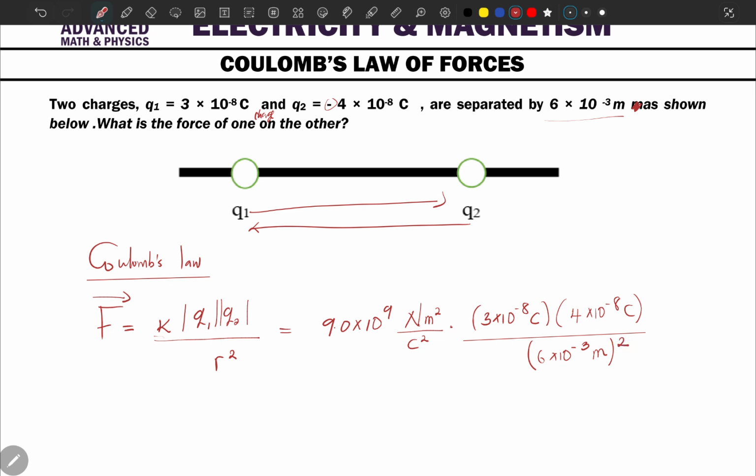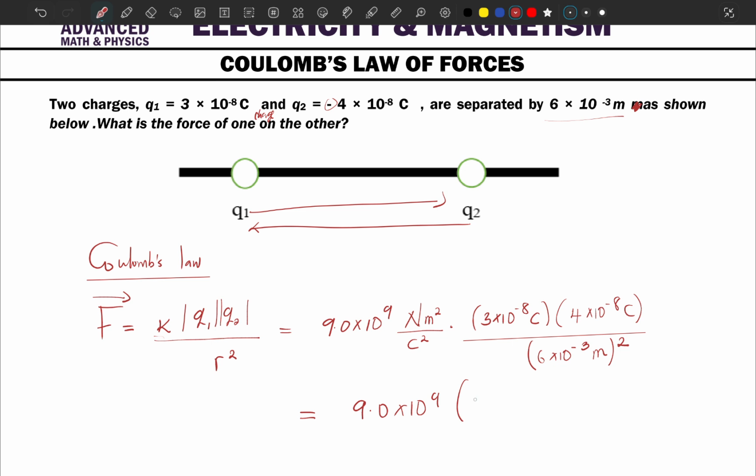The only thing that we need to do, ladies and gentlemen, is to punch this into the calculator. So 3 times 10 to the power negative 8, multiplied by 4 times 10 to the power negative 8, divided by, open brackets, 6 times 10 to the power negative 3, squared.